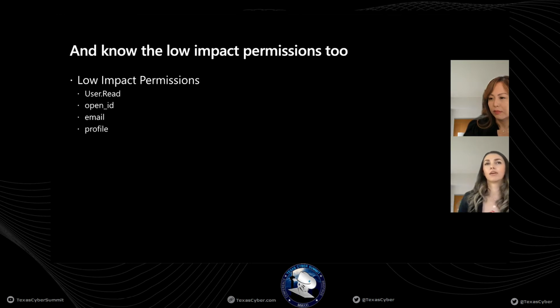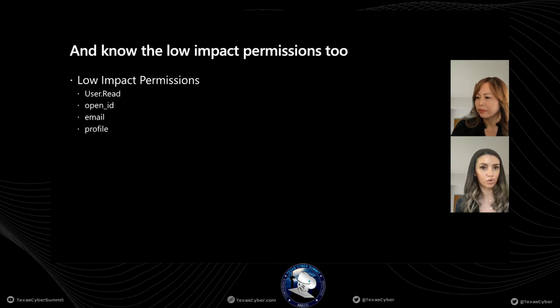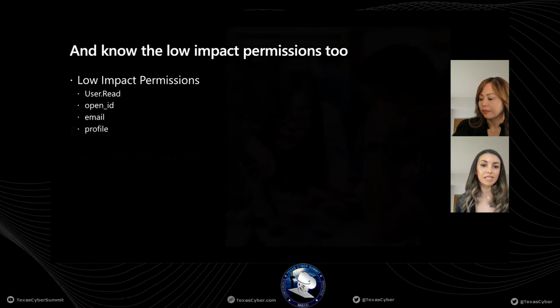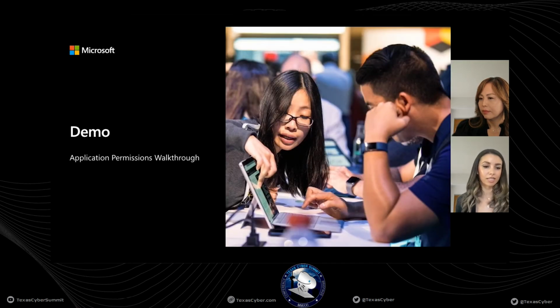These are the safer ones, the ones that you could consider low risk, and maybe allow users to consent to this type of permission, so you don't overwhelm admins with every single access request to applications. So let's just see how that looks.